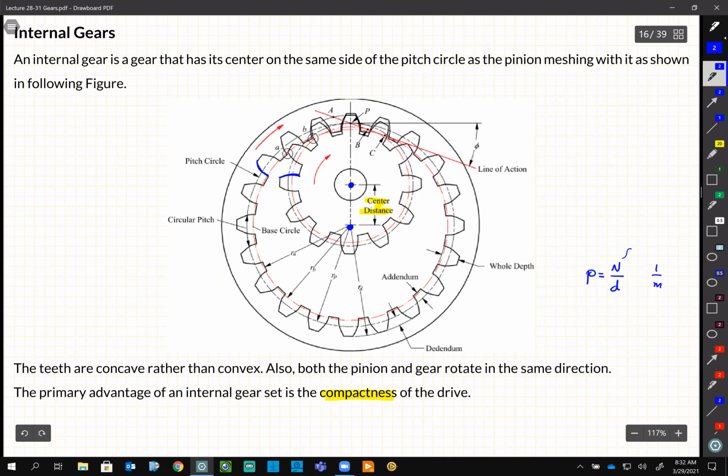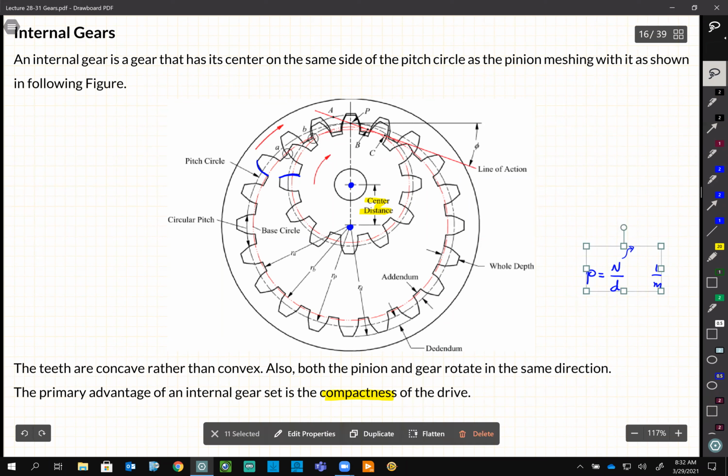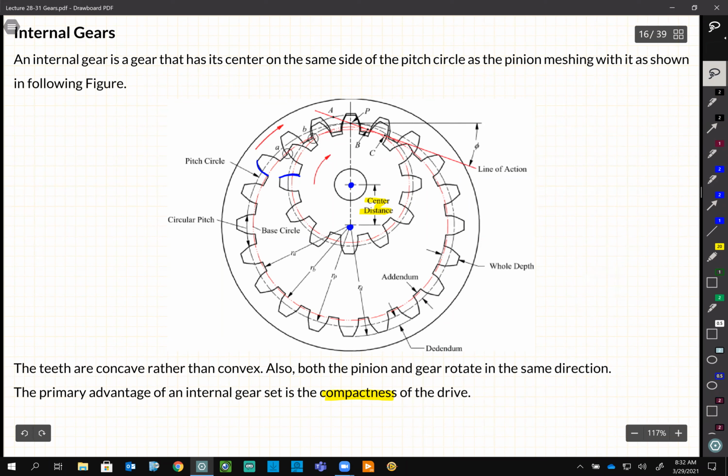Because a number usually doesn't have a unit. But I've never seen people use a unit for pitch. They just say, okay, the pitch for this gear is 0.2.